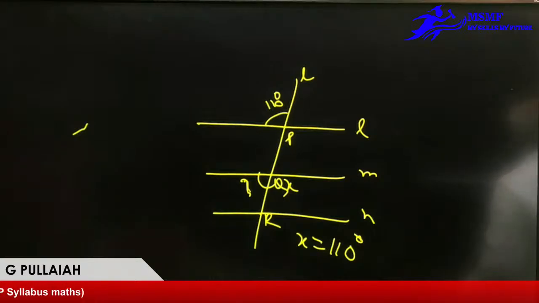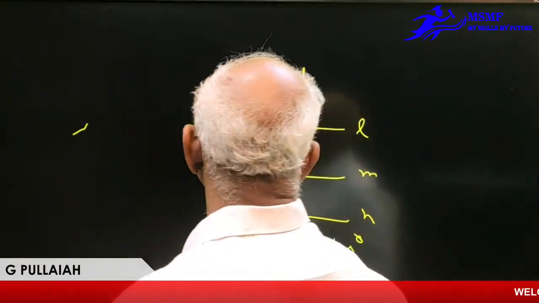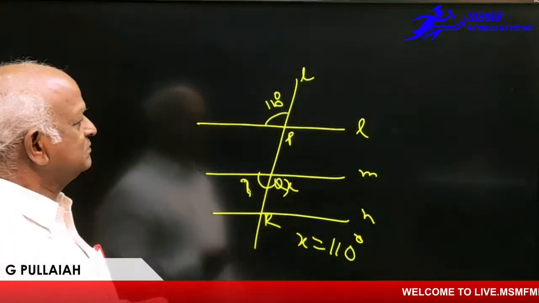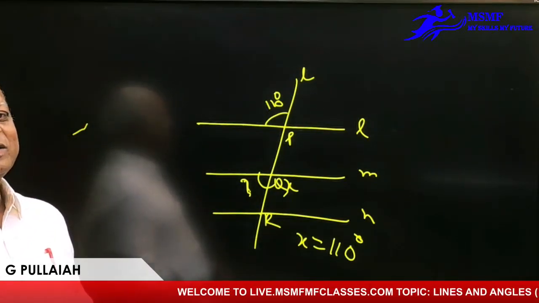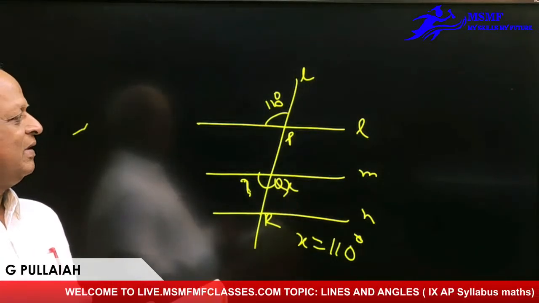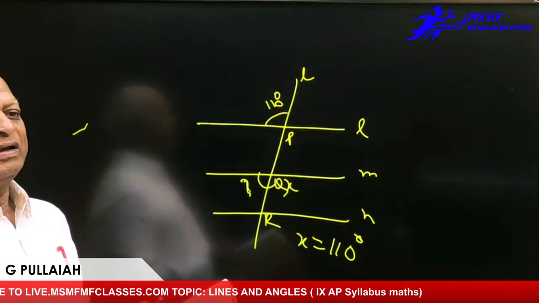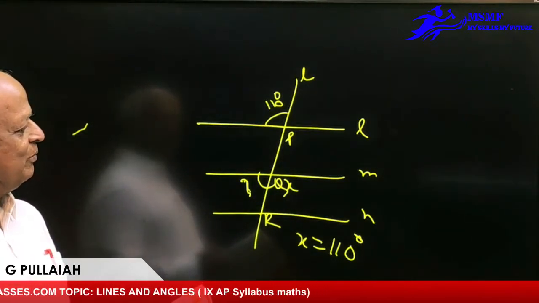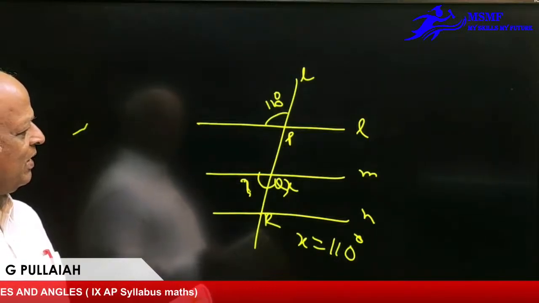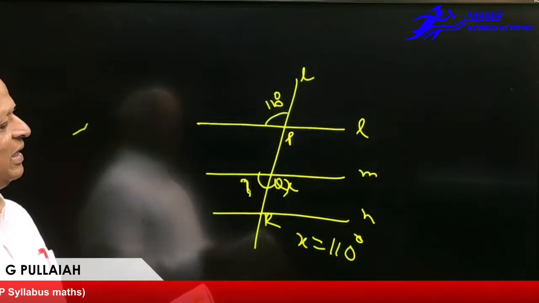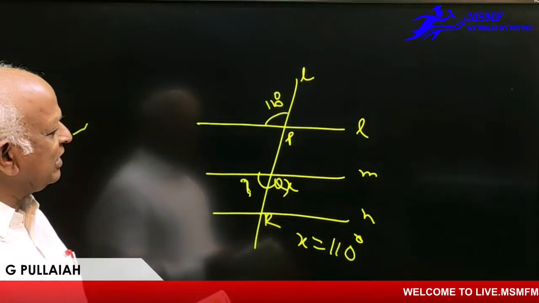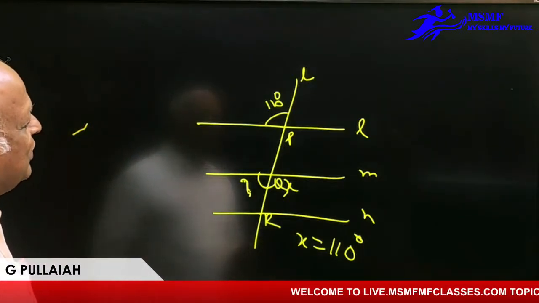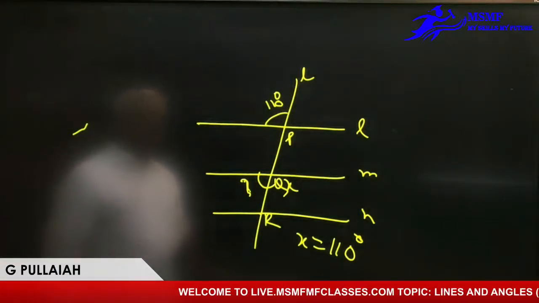What kind of angles are these two? These two are the exterior alternate angles. So exterior alternate angles are equal. Therefore, angle x is equal to 110 degrees.